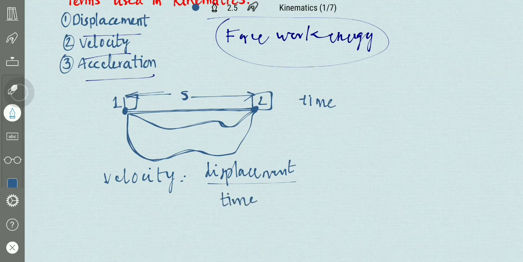In how much time the body is taking to travel from one point to another. This is called velocity. So velocity is given by displacement divided by time. It is represented with V, displacement is represented with S, and time is represented with T.